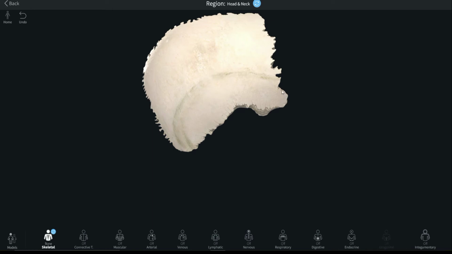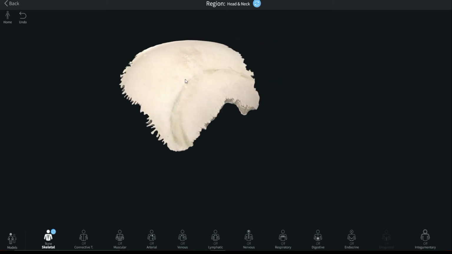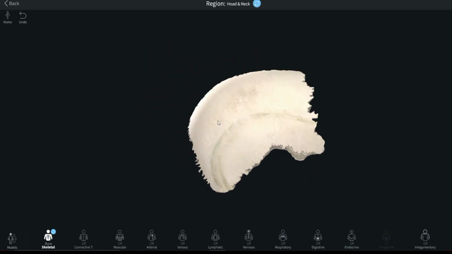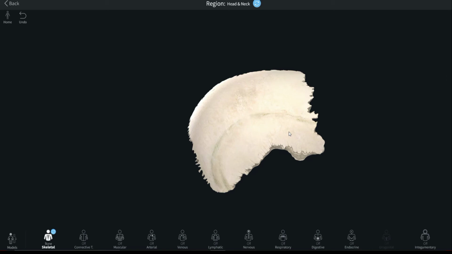This angle here, you see, again, this is unique. Why? Because it is prolonged. No other angle is prolonged like that angle. And now we remember as a memory aid that the prolonged angle is in fact the antero-inferior angle.